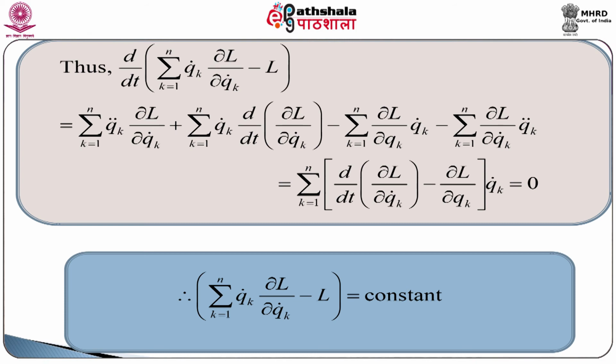Thus, we can say that summation over k qk dot into ∂L/∂qk dot minus L equal to constant. Integrating this result, we get the final result.